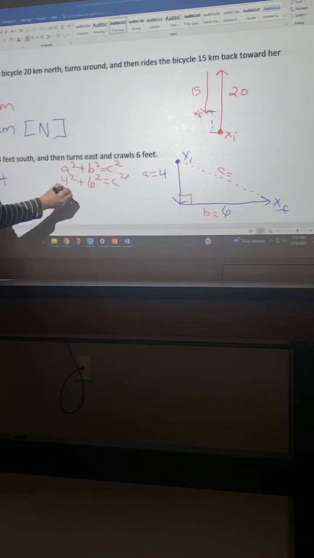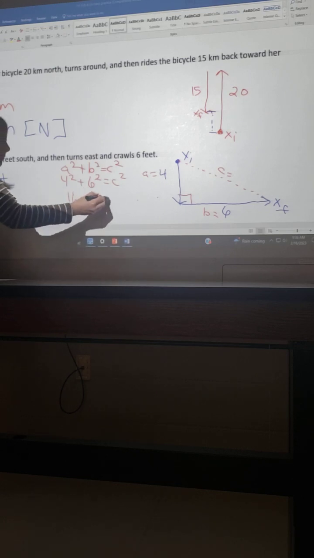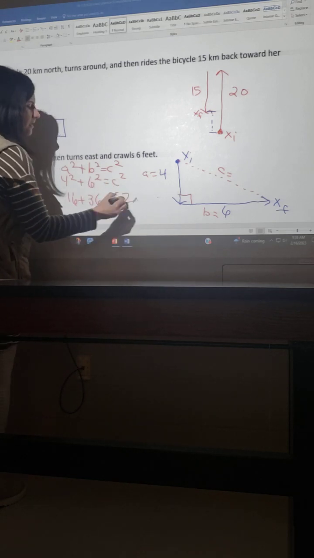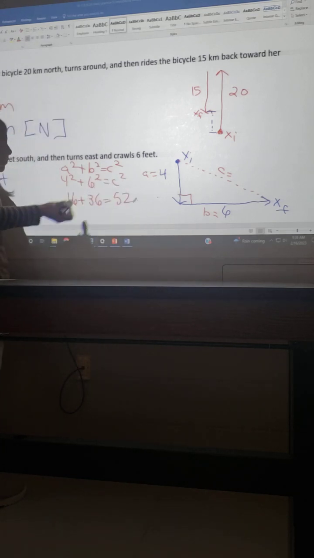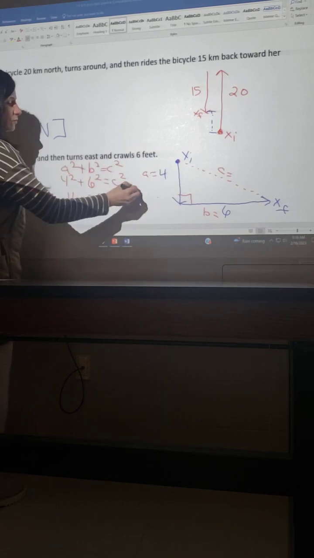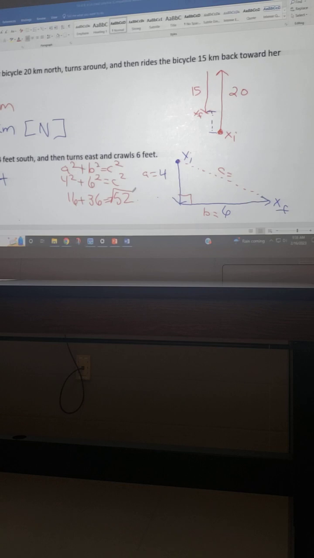And so 16 plus 36 is what? 52. Okay. And then we don't want C squared, we want that displacement just by itself. So somebody have a calculator, square root of 52? I'd say that's about 21. Might be a little high. Who's got that? They're like 8. That's closer. Good estimate.